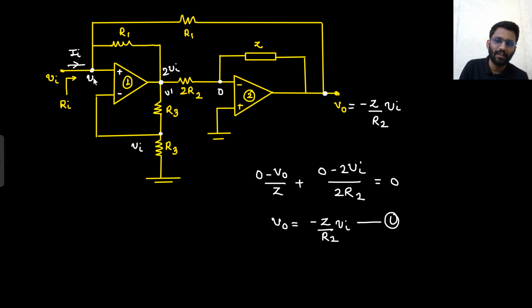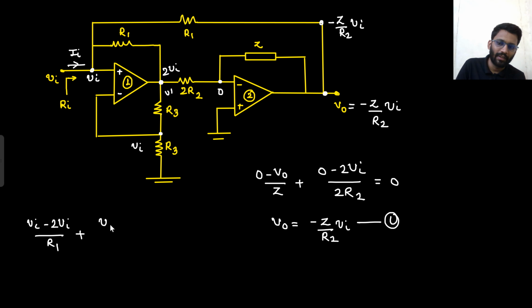So what will be this potential? This potential is V in. So if you apply nodal at V in, what will that be? V in minus 2V in by R1 plus V in minus this node. This node is minus Z by R2 into V in.